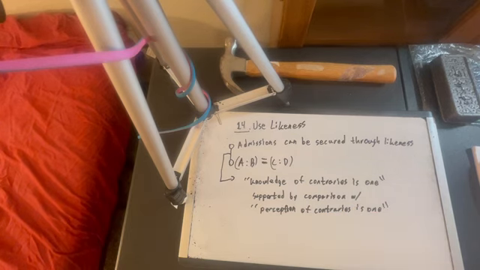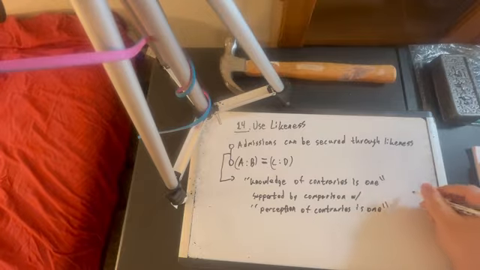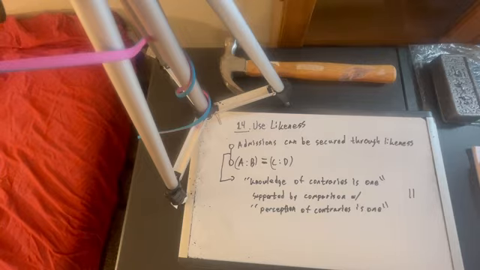Right, this resembles induction, but it's not exactly induction. Induction secures a universal from particulars. Likeness secures a parallel case. Likeness helps transfer plausibility from one case to another.